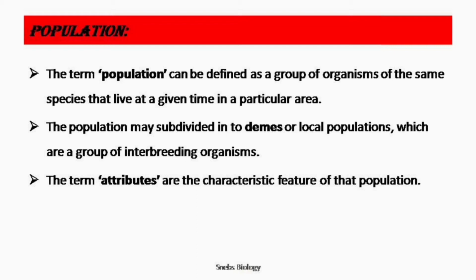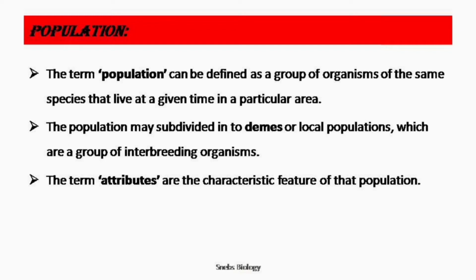Population is a group of individuals or organisms in a particular area, and these organisms either share or compete for the same resources and they reproduce naturally. That means they are interbreeding. Now this interbreeding term is applicable only for reproductive age organisms.